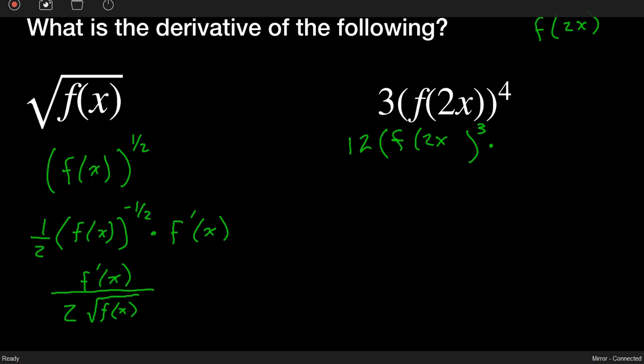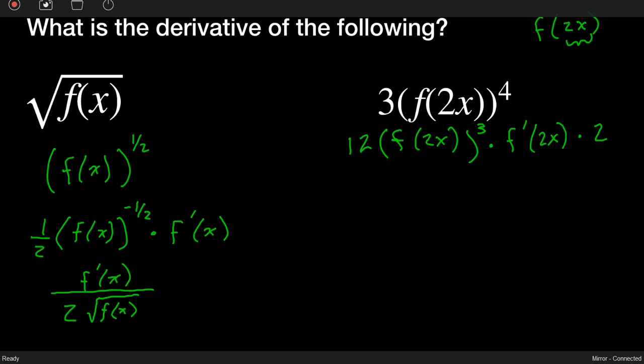All right, so the derivative of f of 2x. There's an outside part and an inside part here. So the derivative would be f prime of the 2x. But then we have times the derivative of the inside part, which would be times 2.